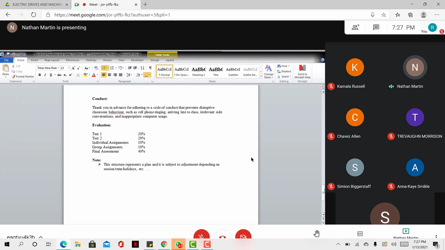All right, so this is a quick breakdown of our assessment. Test 1 is 20%, test 2 is another 20%, individual assignment is 10%, group assignment 10%, and your final assessment is 40%. Based on what is happening now, your final assessment may be an exam paper, it might be an essay type paper, it can take different forms, right?